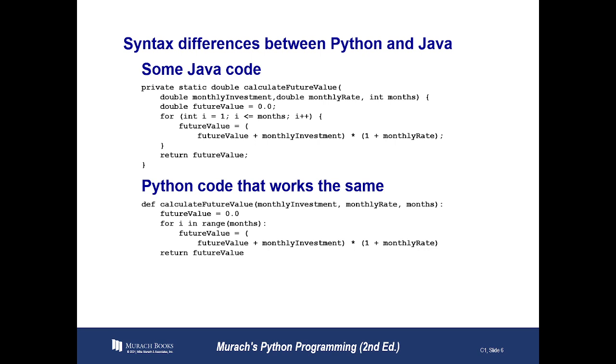That starts with a lowercase letter but then has an uppercase letter for each word if it's a compound word, sort of like a camel's humps. That's a common way to name variables.